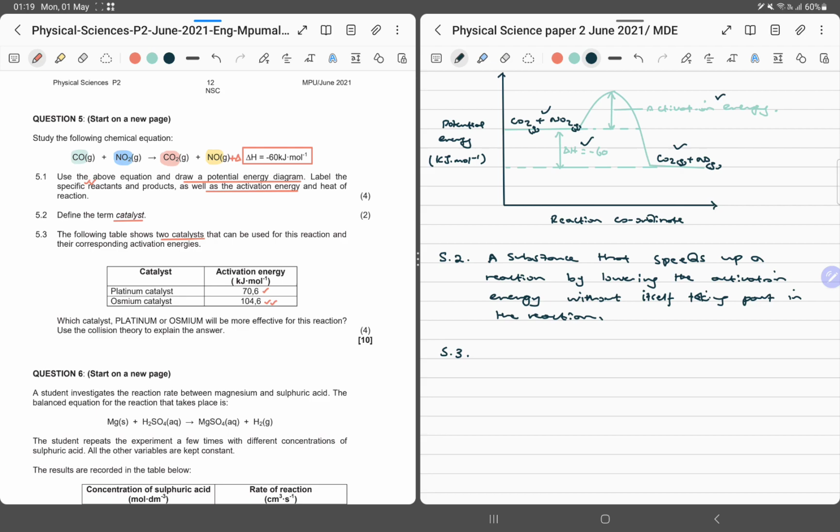So the lower the activation energy by a particular catalyst, the better it is for a particular reaction, because we always want the lowest possible activation energy. So now it says which catalyst, platinum or osmium, will be more effective for this reaction, and then of course use the collision theory to explain the answer. So again, this question is forever there, so you cannot escape it.